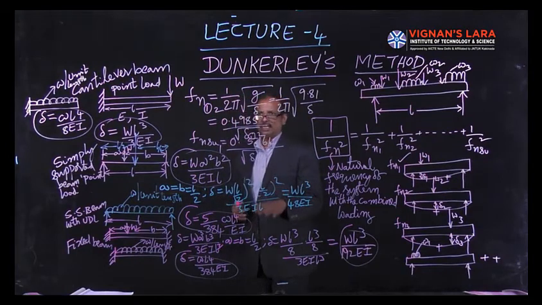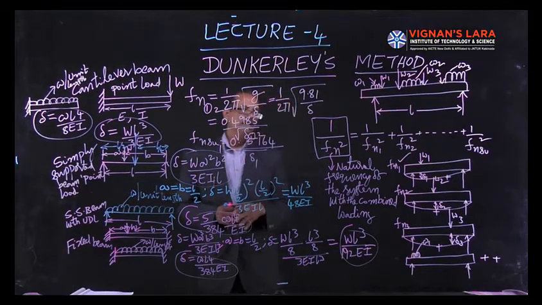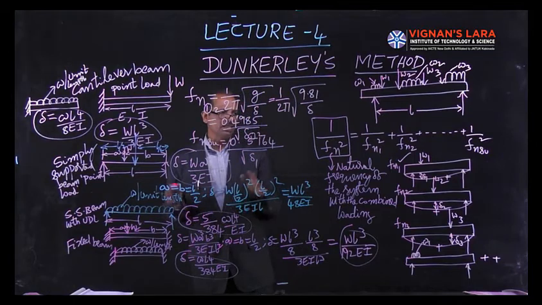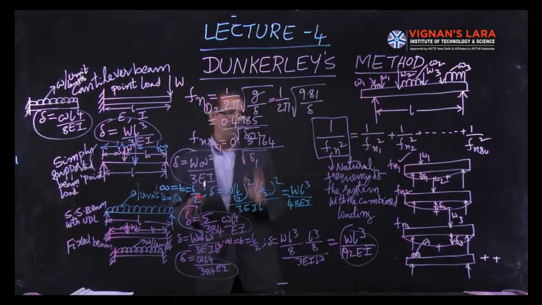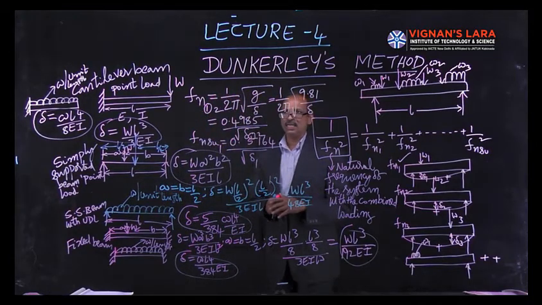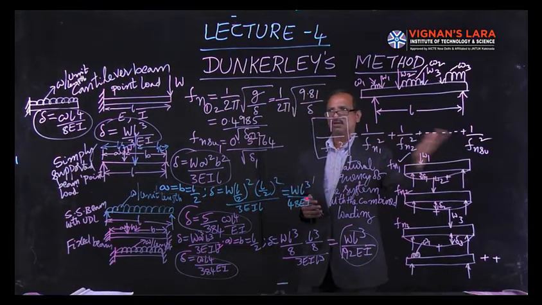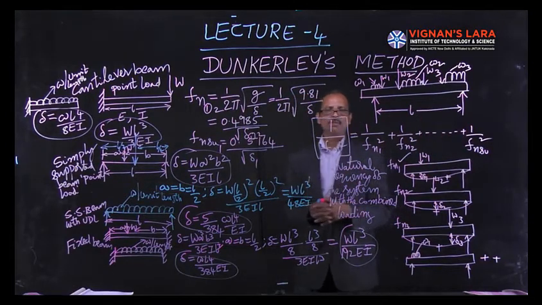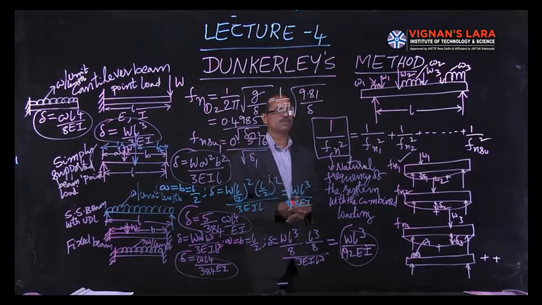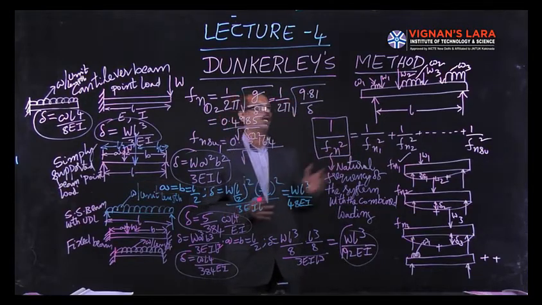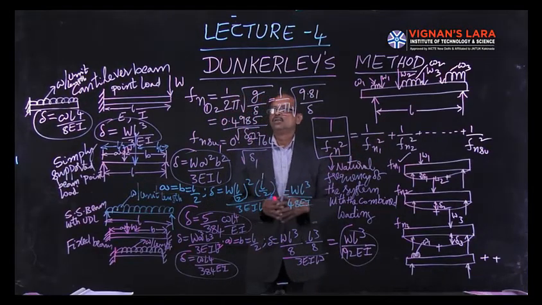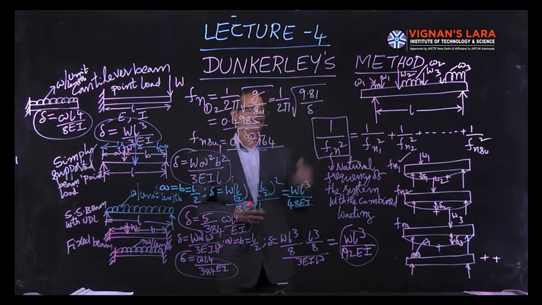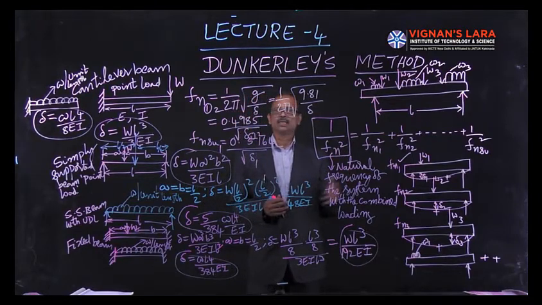Once you get the delta values, you get the individual natural frequencies. That means that load alone, if it acts, once that is evaluated, you can apply in your Dunkerley's equation: 1 by Fn square is equal to 1 by Fn1 square plus 1 by Fn2 square plus so on. If there are UDLs also, you can write Fns square and so on.